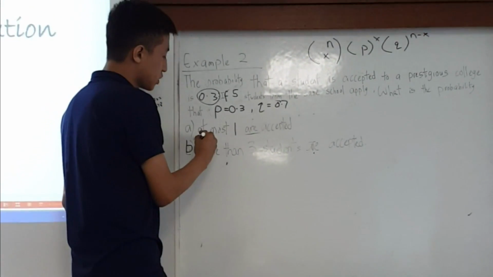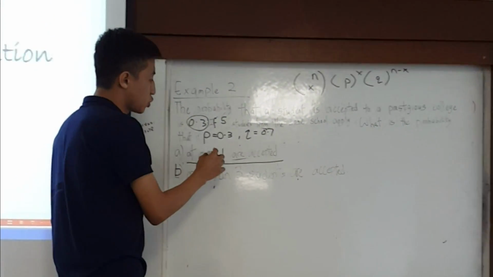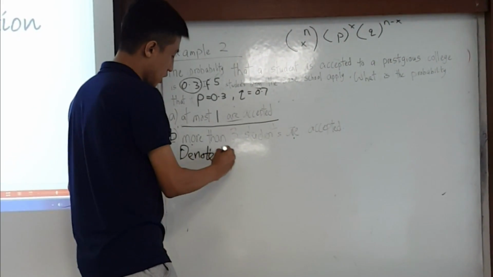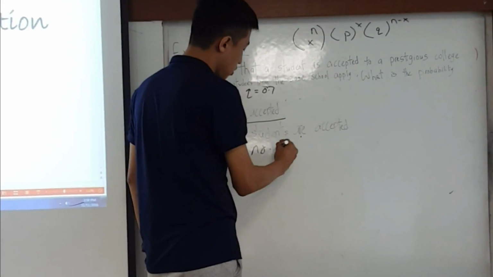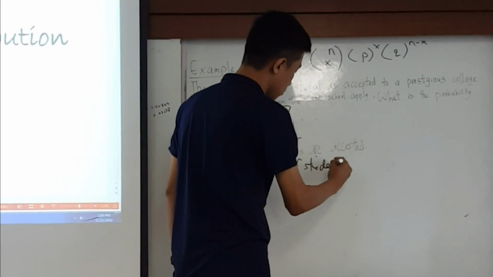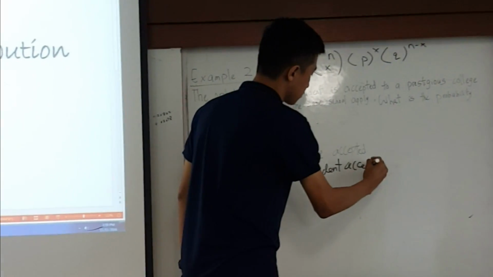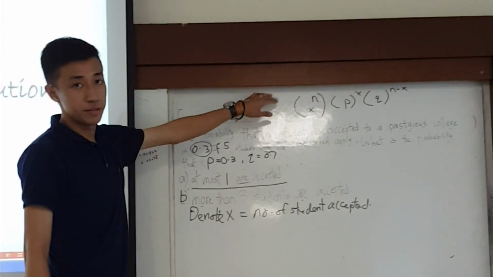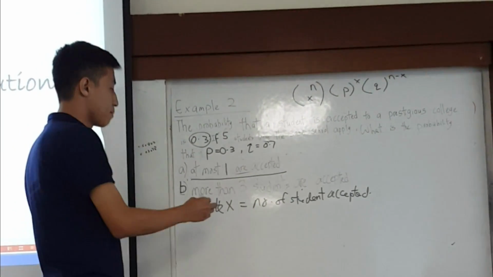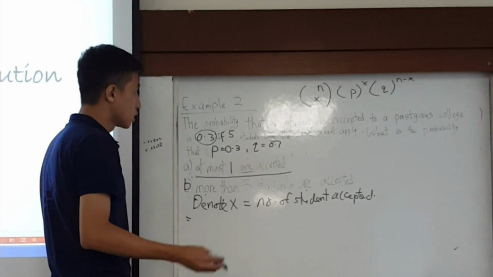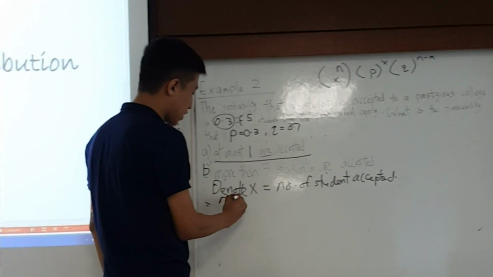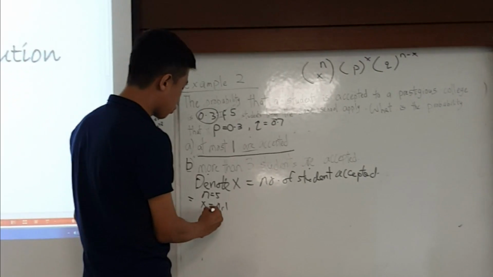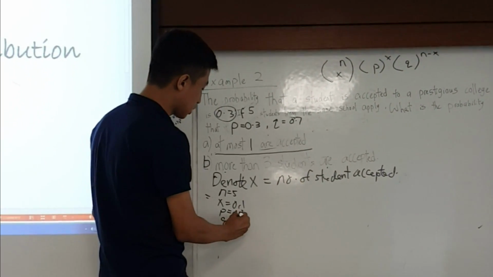So these are 2 sub questions. To answer the first question, at most 1 student is accepted. First things first, we denote x equal to the number of students accepted. This is the formula to calculate the probability in a binomial discrete distribution. So n is 5, x is 0 and 1, p is 0.3, q is 0.7.